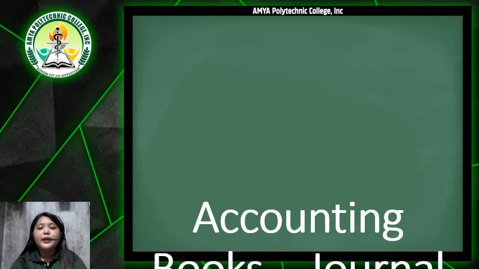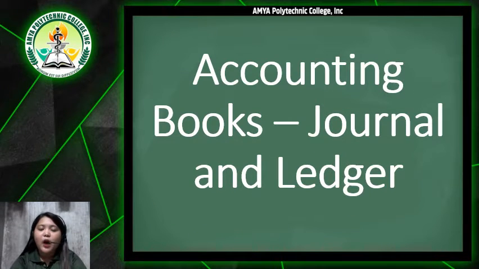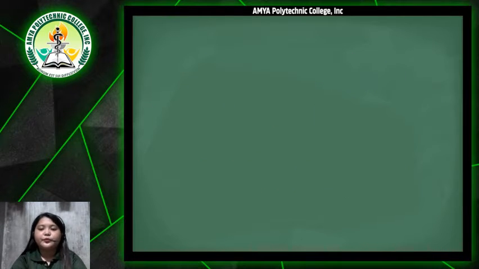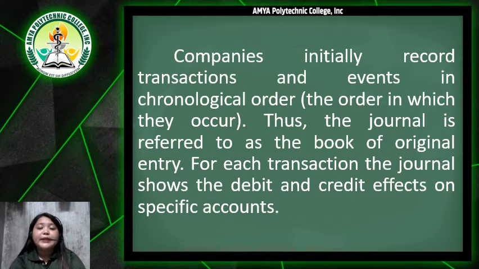So, as I have told you a while ago, our lesson for today is all about accounting books, journal, and ledger. Companies initially record transactions and events in chronological order, the order in which they occur. Thus, the journal is referred to as the book of original entry.